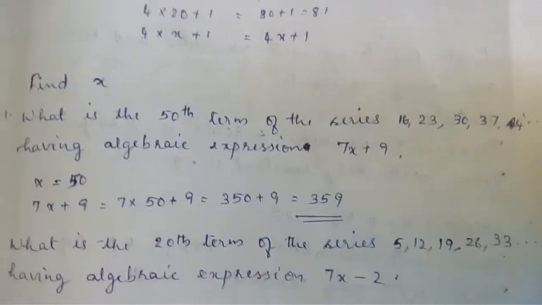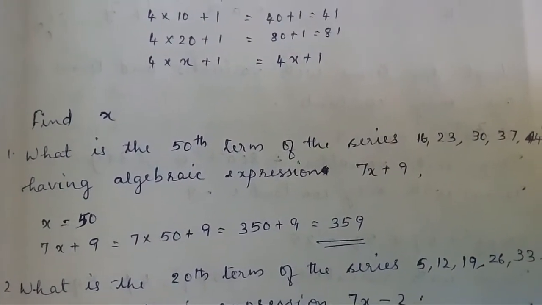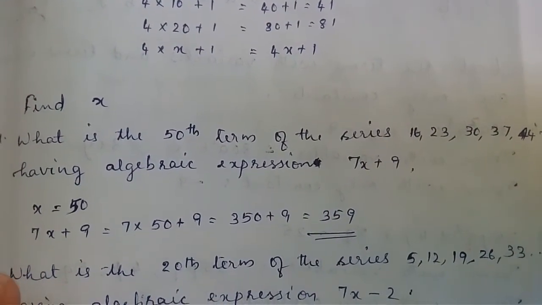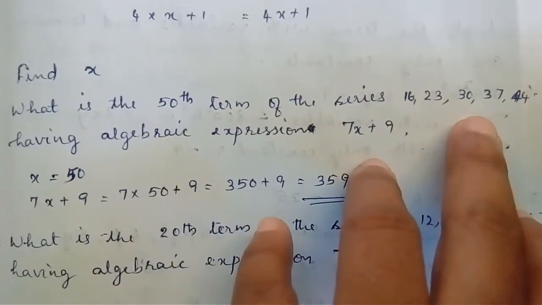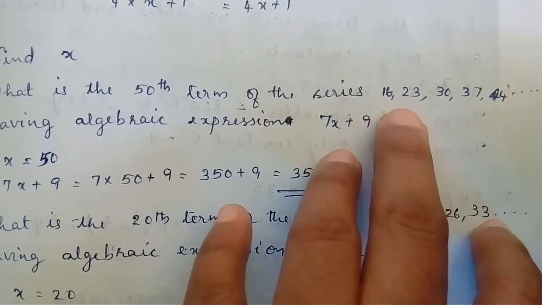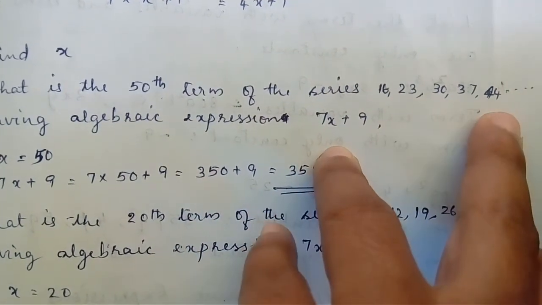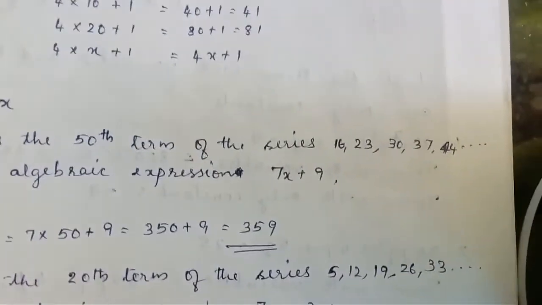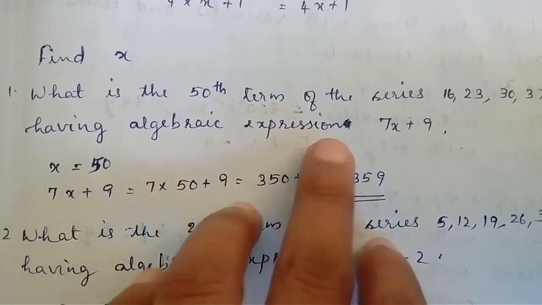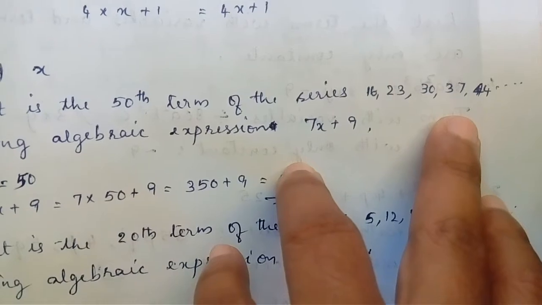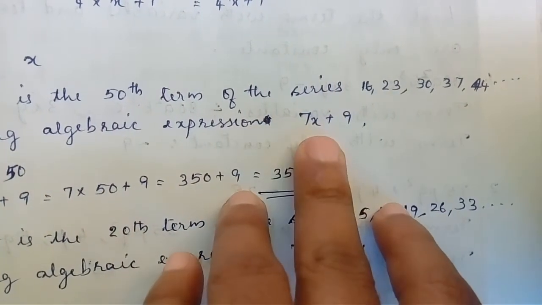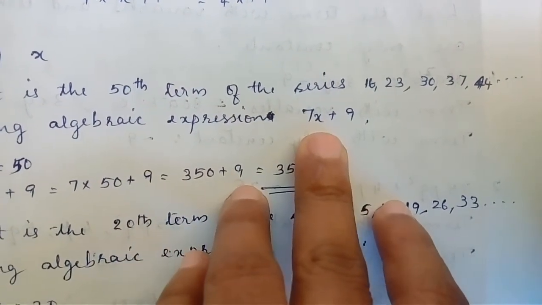Okay. Now we can see how we find the value when we are given some expression. What is the 50th term of the series? One series is given: 16, 23, 30, 37, 44, etc. This series has the algebraic expression 7x plus 9. It is the generalization.